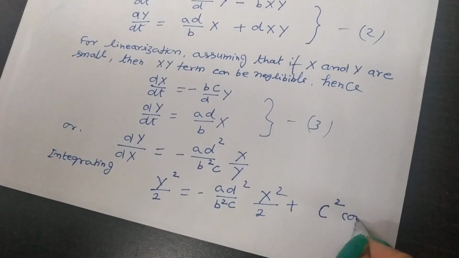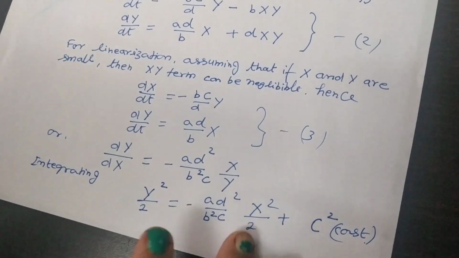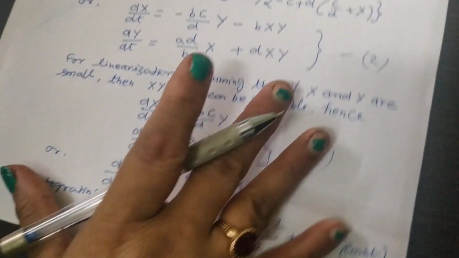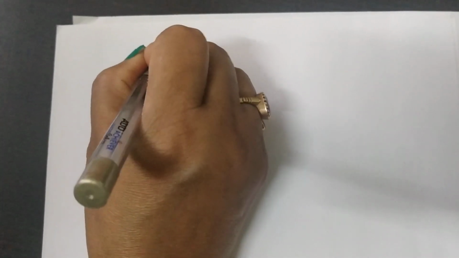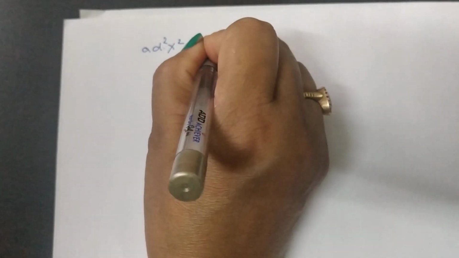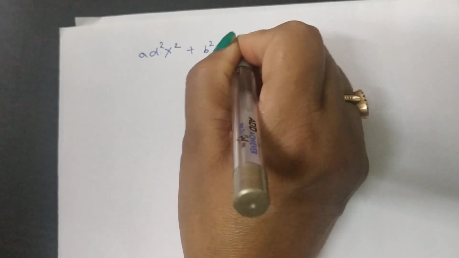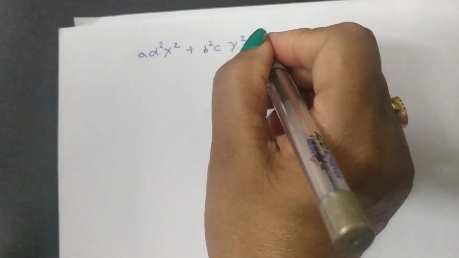So this equation can be written as a d square x square plus b square c y square is equal to c square.